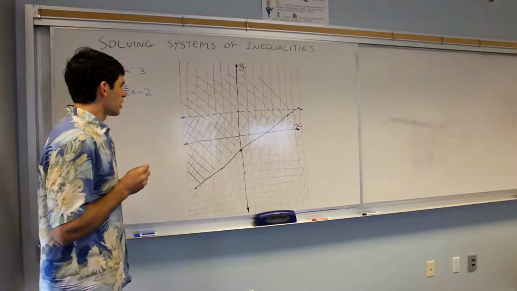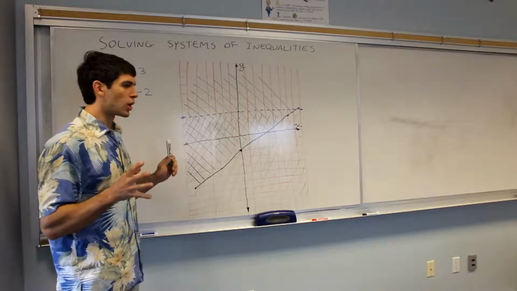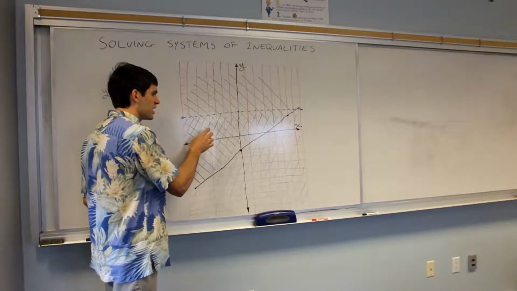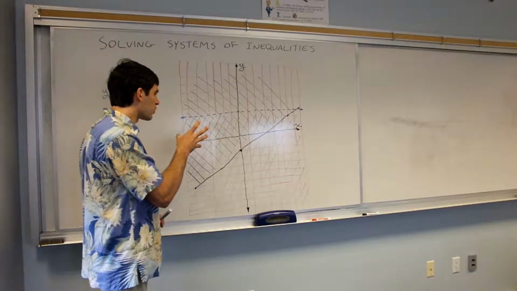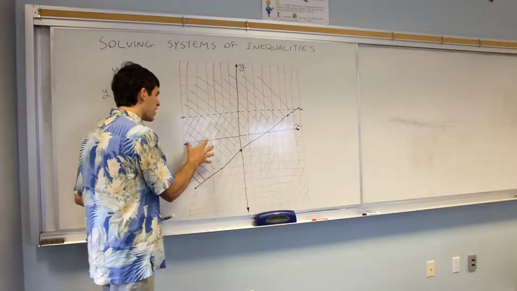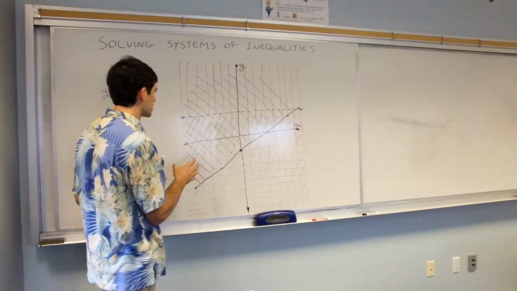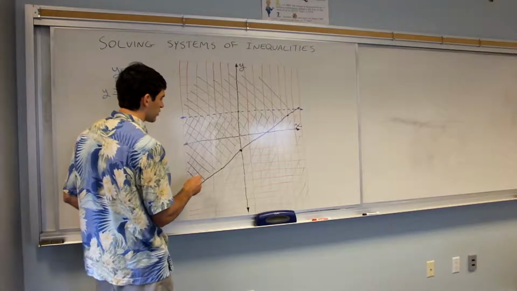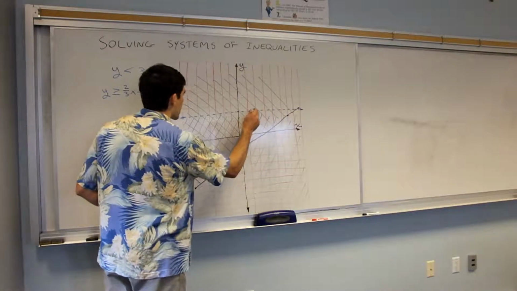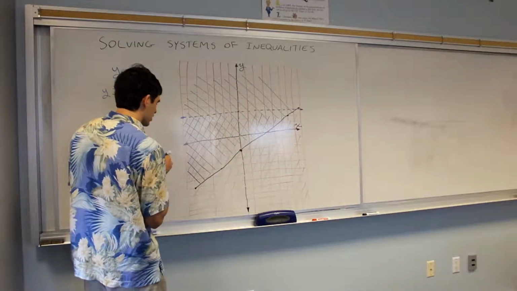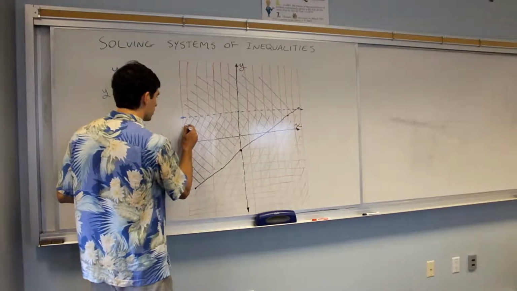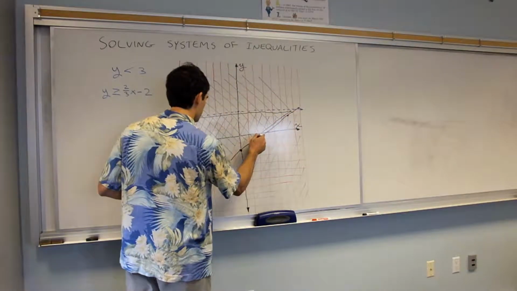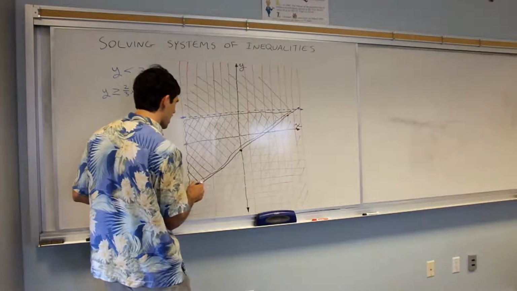So the solution to our system is going to be the area that is shaded by both inequalities. We have a lot of colors on here, so it might be a little bit hard to see, but the solution to this system of inequalities is going to be this triangular area right here. I'll just outline it again, and it's going to look something like that.